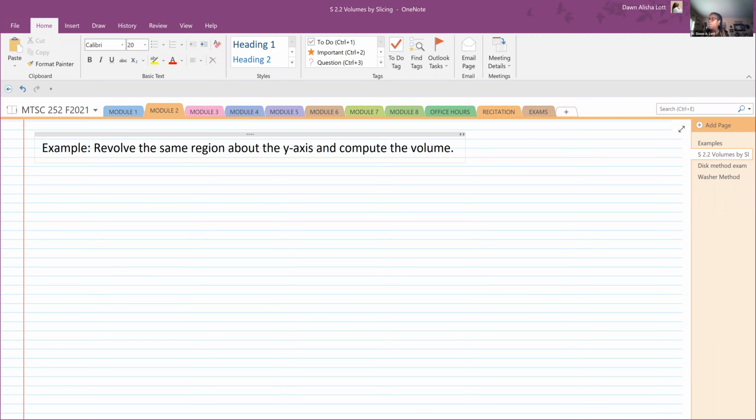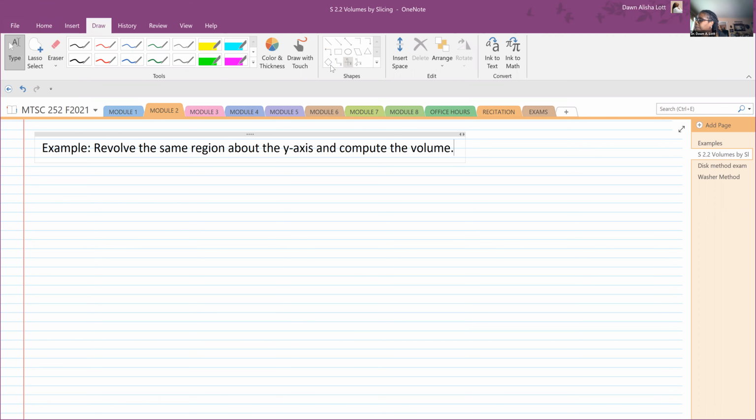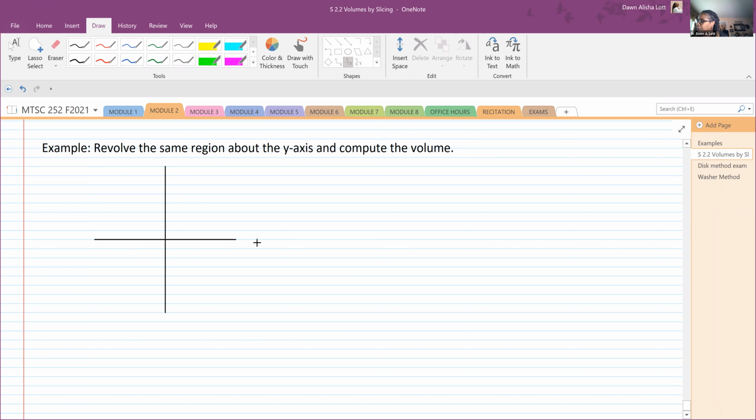Okay, let's draw a picture. Now, I'm already going to tell you that the volume is going to be the integral from c to d of pi. Now, this has to be a function of y squared.